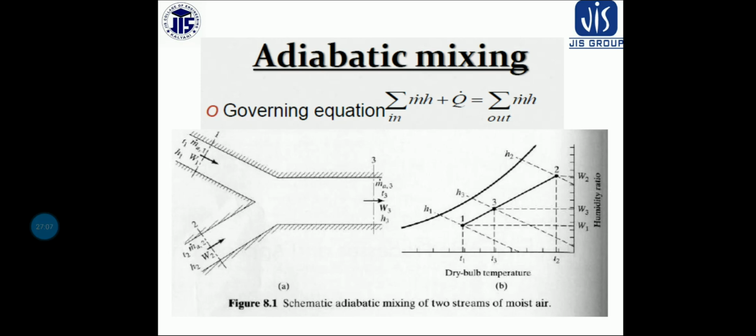Therefore the final state 3 lies on the straight line connecting the initial states of the two streams mixing, and state 3 divides this line into two parts in the same ratio as the two masses of air before mixing.